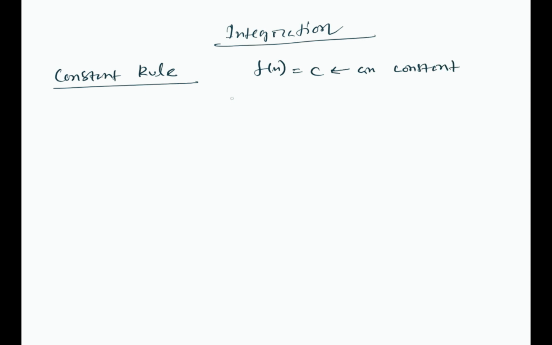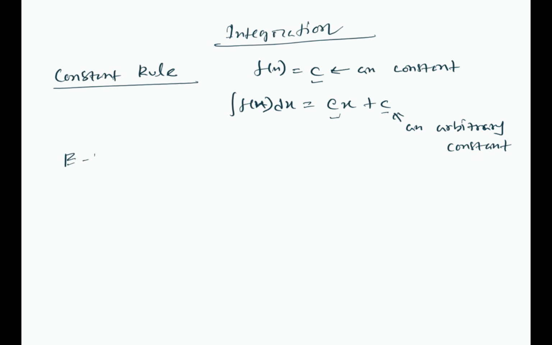The integral of this function f of x is c times x plus C, where this C is any arbitrary constant. Be careful with this c. This c and this c are the same, but this C is a different c. I'll explain it later. So we can solve some problems for this rule.